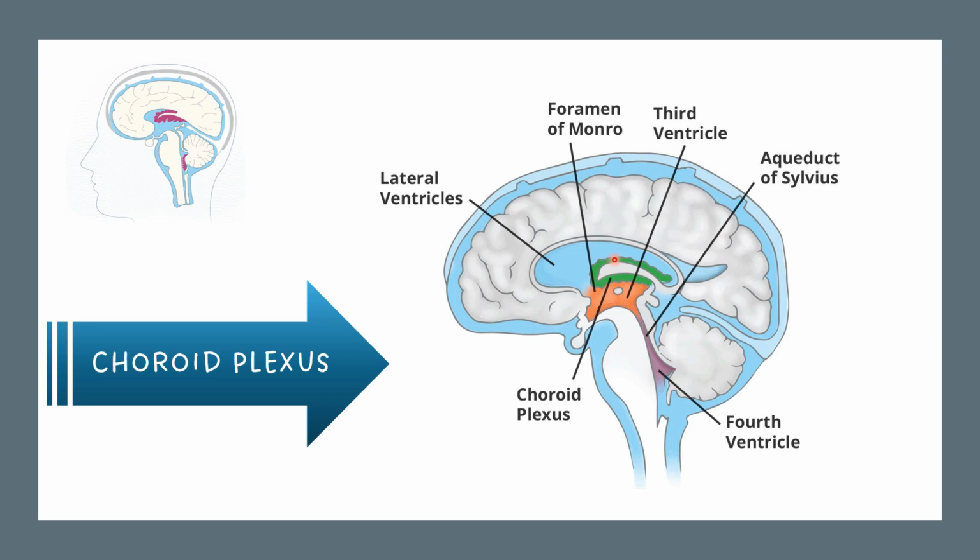This tela choroidea along the C-shaped line is invaginated by a fringe-like tuft of blood vessels into the central part and the inferior horn to form the choroid plexus of the lateral ventricle. This line of invagination is called the choroid fissure.